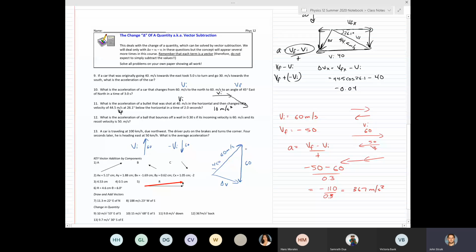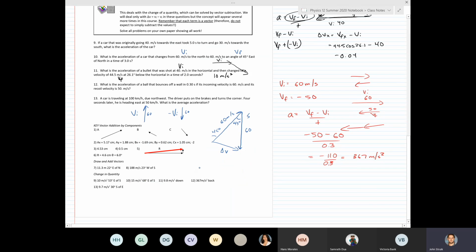Okay, so if you do that, because this is directly south and this is 45 degrees, that means this is 45 degrees right here. And so then we'll just use cosine law. I'll just do it on my calculator. 60 squared plus 60 squared minus 2 times 60 times 60 times cos 45.